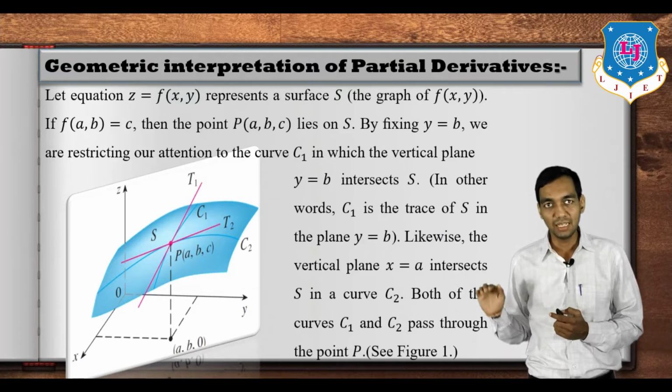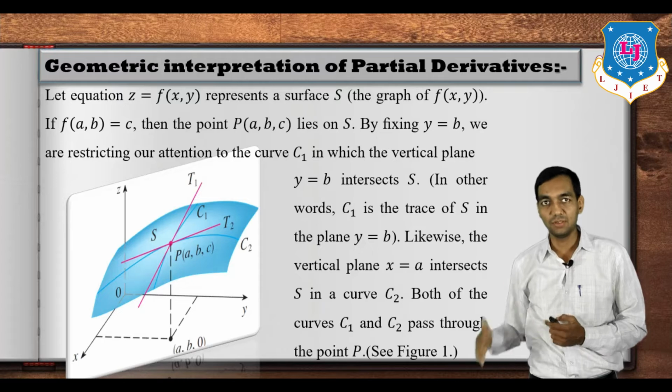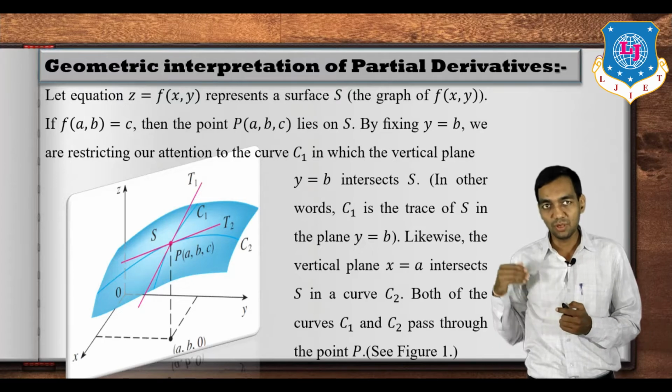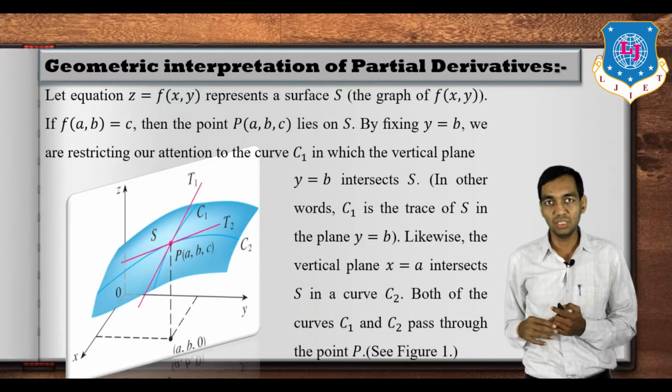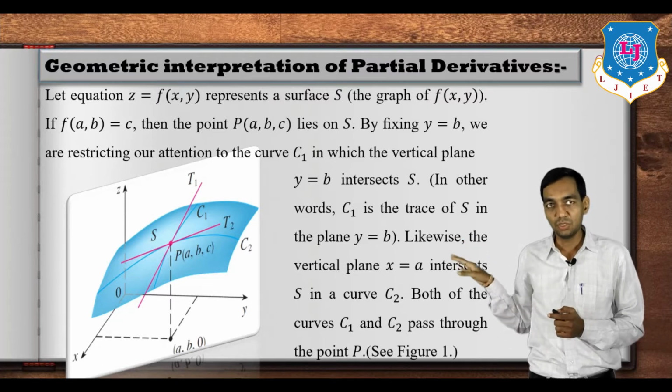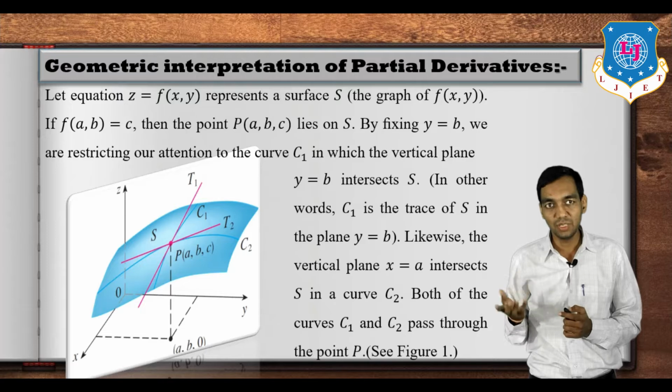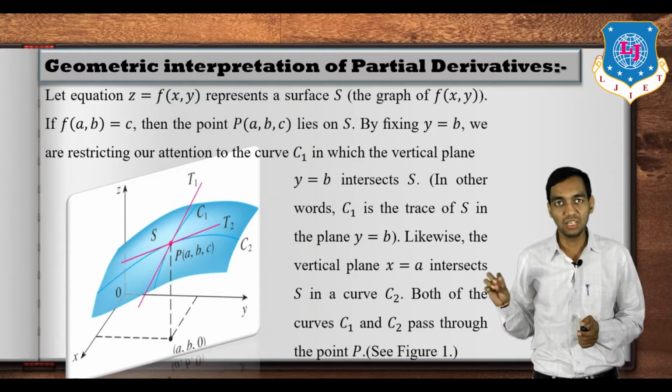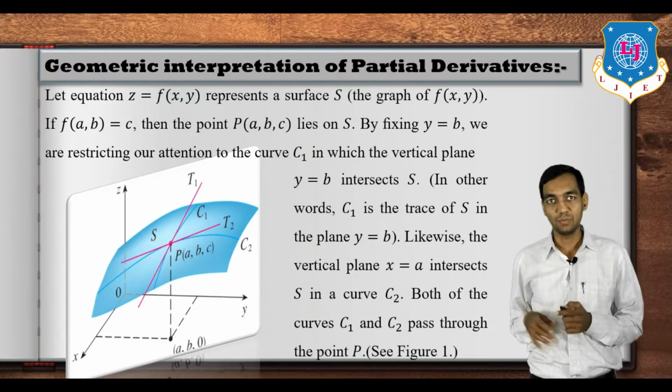Now this C1 lies in the constant plane y is equal to b. So once you have y is equal to b, your function will be of the form of some function of x only, and y is going to be a constant. So you will have a function like f of x comma b.